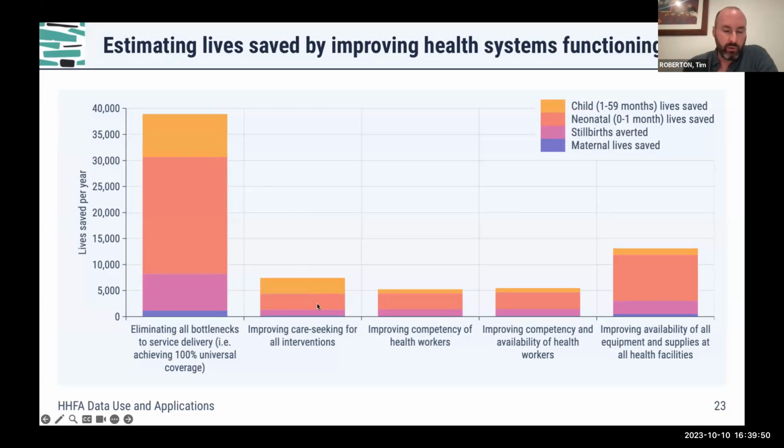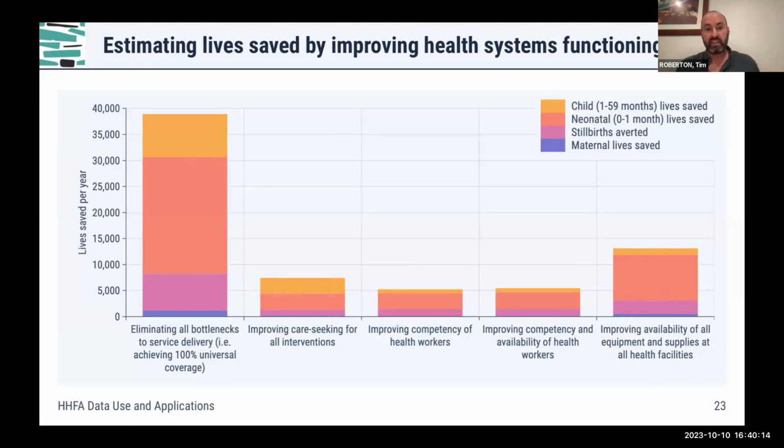In the meantime, if we were to improve care seeking, in other words, get more people to facilities, we might achieve a certain number of lives saved if we were to work around competencies of health workers or the availability of health workers. But then in our analysis, typically, if we can improve the availability of equipment and supplies, we see that we get the biggest gains from any one single health system strengthening initiative.